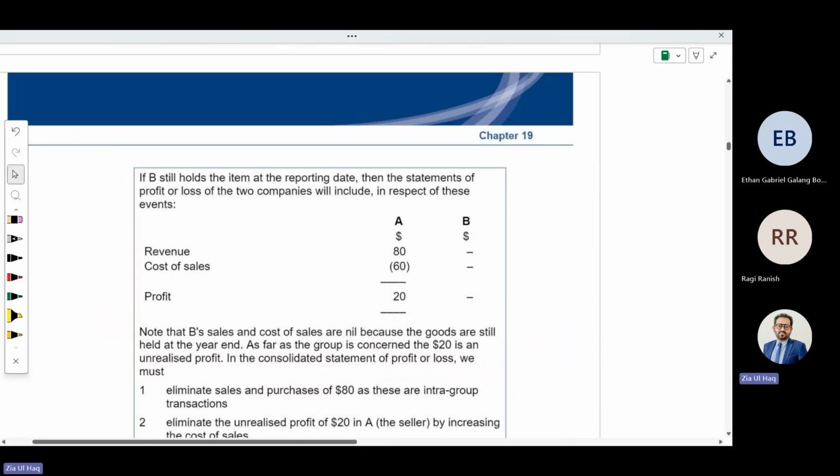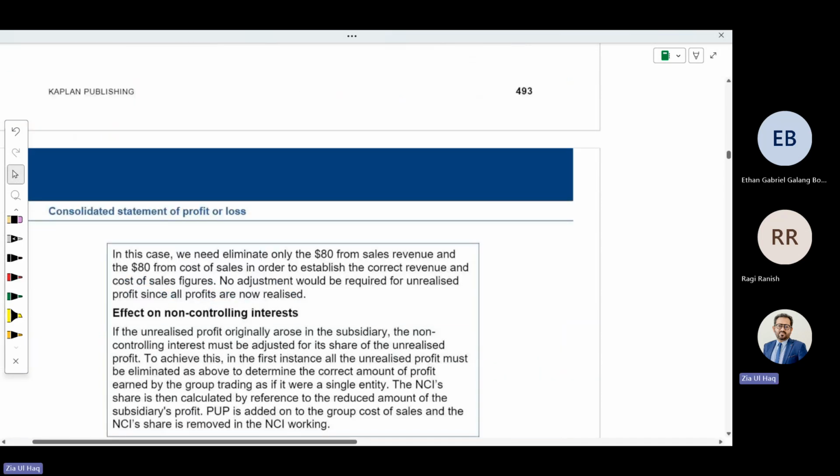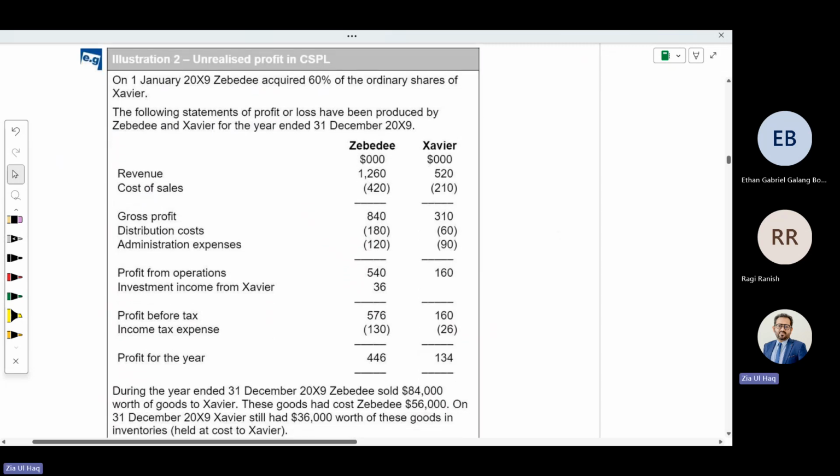Now move towards this illustration. On 1st January 20X9, Z acquired 60% of the ordinary shares of X. How much? 60%. The following statements of profit or loss have been produced by Z and X for the year ended 31st December 20X9.